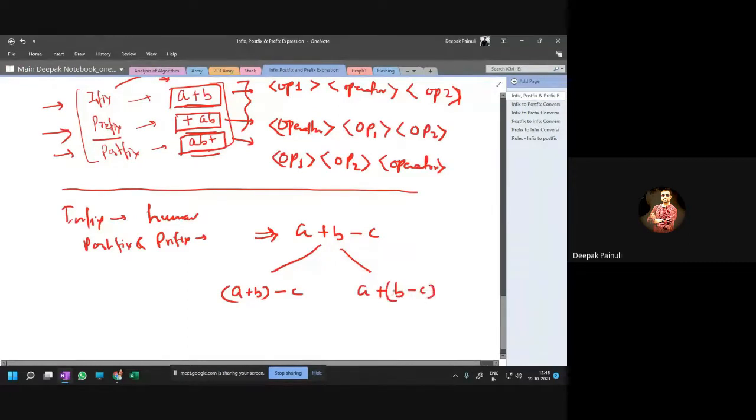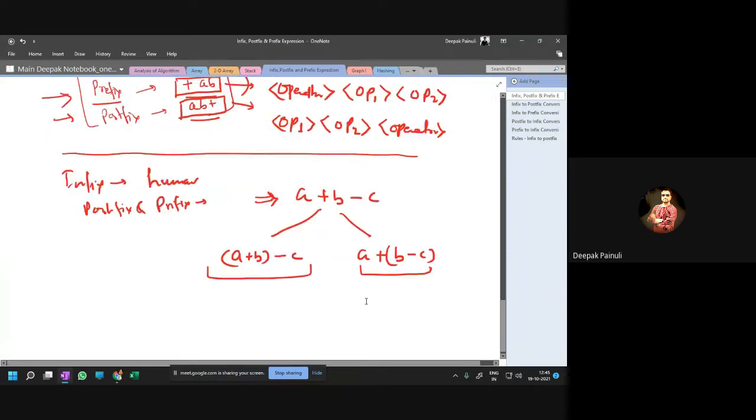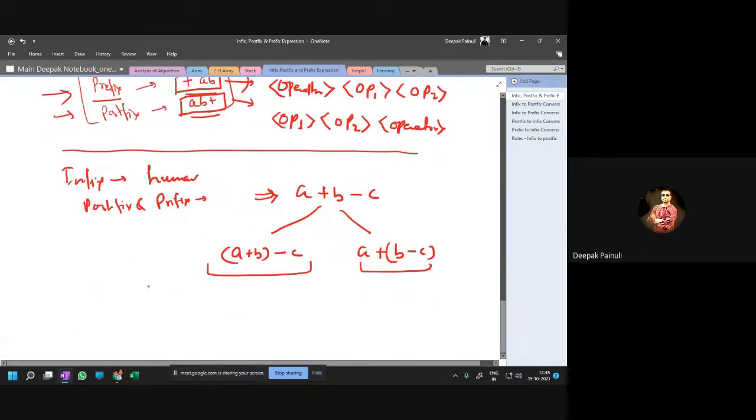The other person will first subtract c from b, and then add it to a. In both cases, the result will differ, right? Right, guys? Let's say a equals 5, b equals 1, and c equals 6, for example.